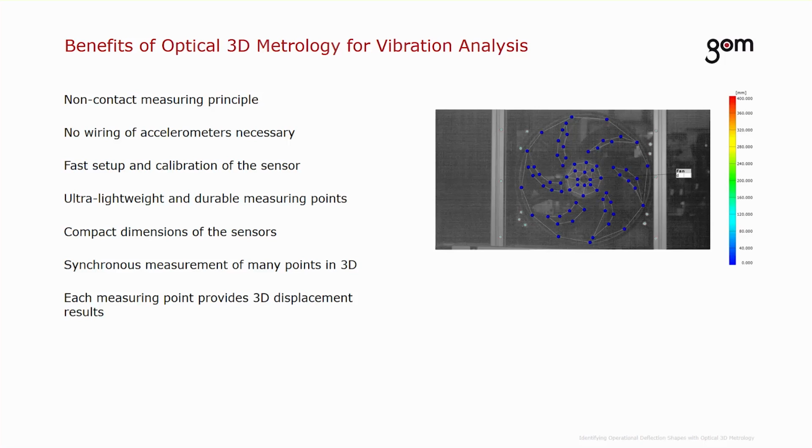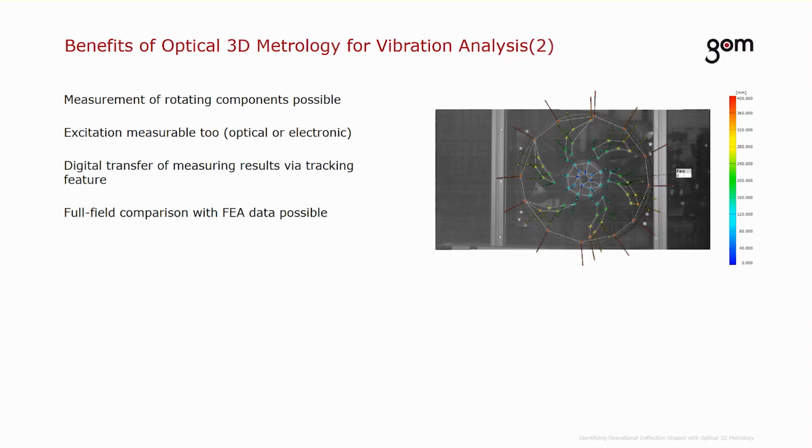One of the biggest advantages that we have with our measuring technique is that we can measure many points in 3D synchronous. So we always capture this information on all points at the same point in time, and each of these measuring points delivers 3D information, so acting as 3 accelerometers for one sticker that we need to place on the testing object and the test rig.